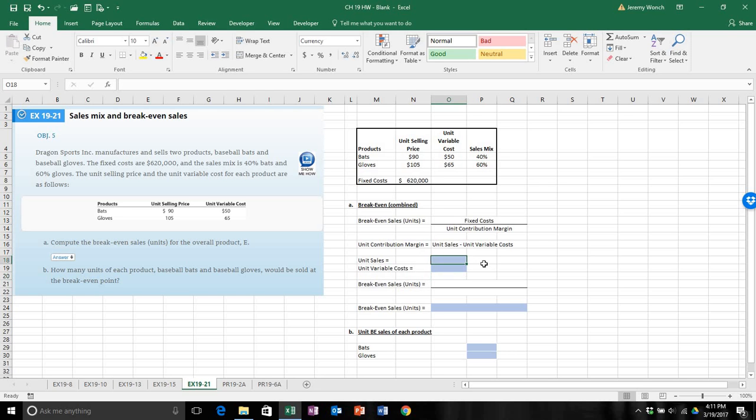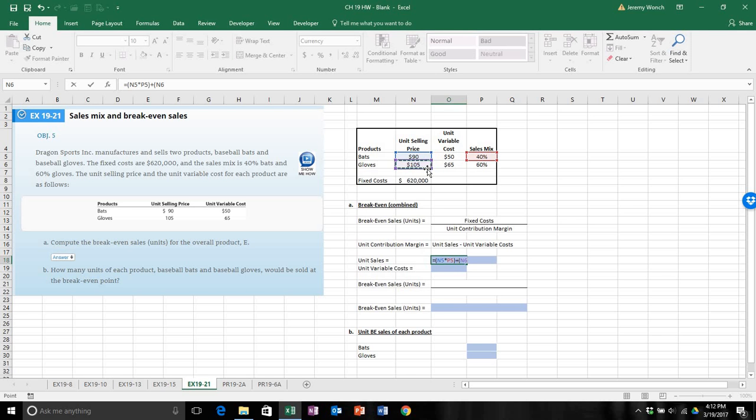So first let's figure out what our unit sales are. And so product E, they're saying that's the combination of both bats and gloves. So for bats, the unit selling price, bats are $90 a piece, and they're going to be 40% of the mix.